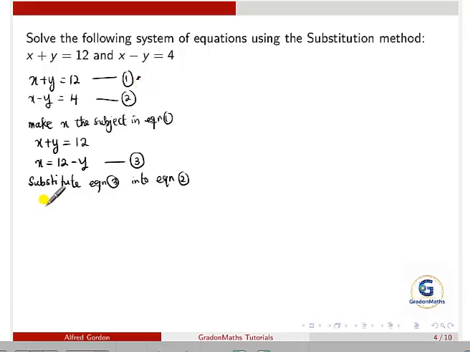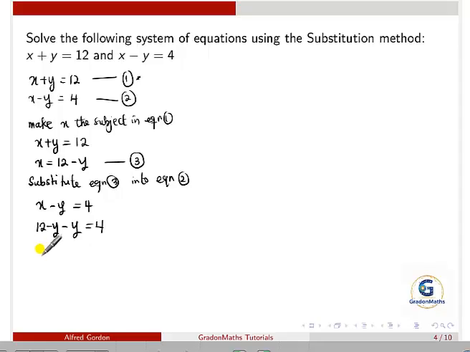Now we have x minus y is equal to 4, which is our equation 2. We are substituting equation 3 into equation 2, so wherever we see x in equation 2, we replace it with 12 minus y. So we have 12 minus y minus y is equal to 4.